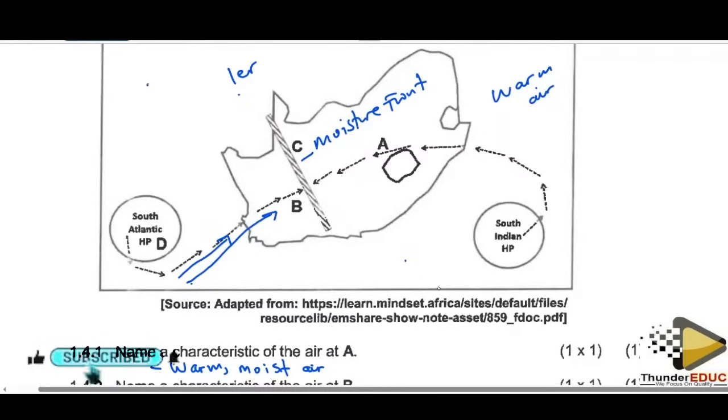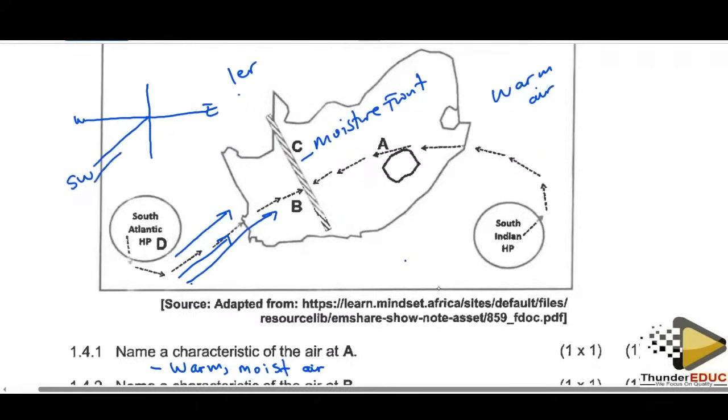If I put our compass here, for example, this is east, this is west, this is gonna be southwest. So if you look at our pattern here, you can see that these winds are originating in that pattern. That is why we are referring to them as southwest cold winds.